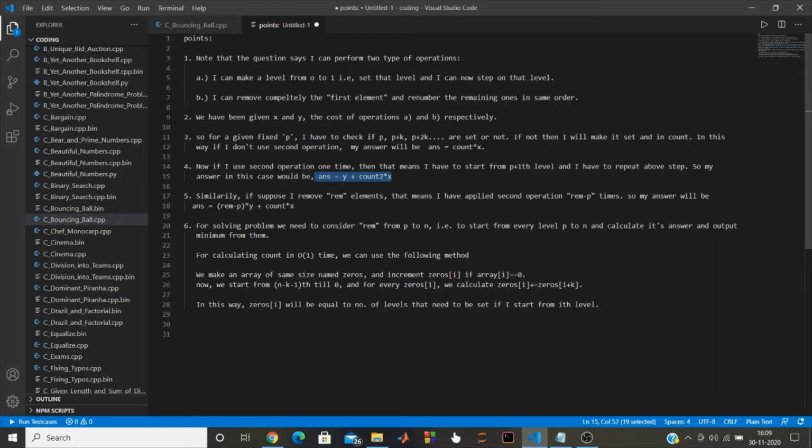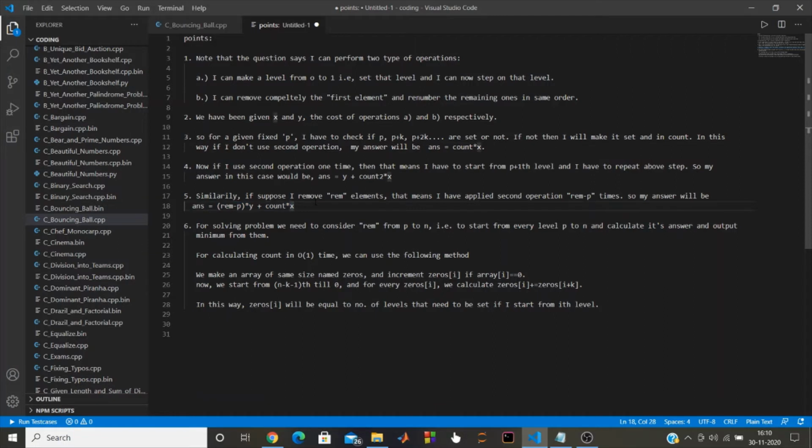Count2 are those levels which I have made from 0 to 1, and y is the cost of the operation that I used a single time. So suppose I remove rem elements from the front, using the operation rem minus p times. Then my answer will be rem minus p into y plus count into x, where count is the count in this case. That's understood. So this is my answer.